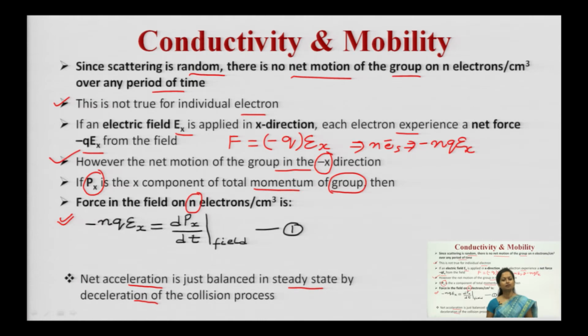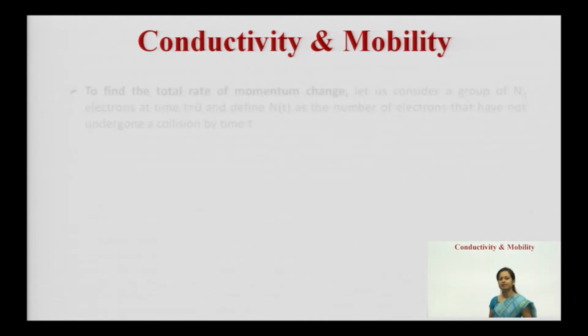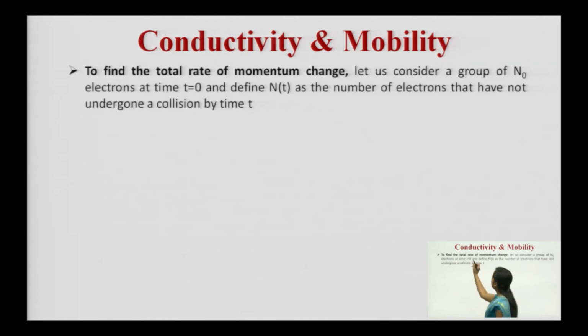So both the terms will balance out. It means now, to find the total rate of momentum change, because you are going to calculate it with respect to the variation of time, let us consider a group of n naught electrons, and to initiate it at time t equal to 0, and it is defined as n of t.